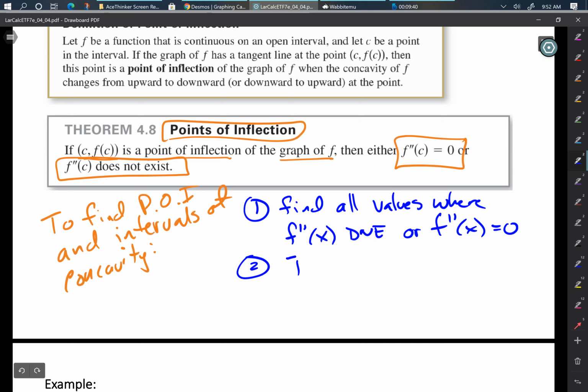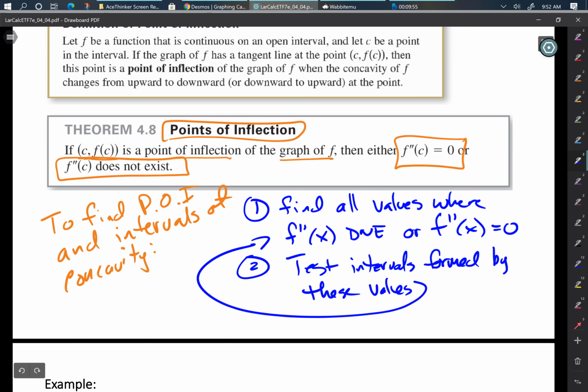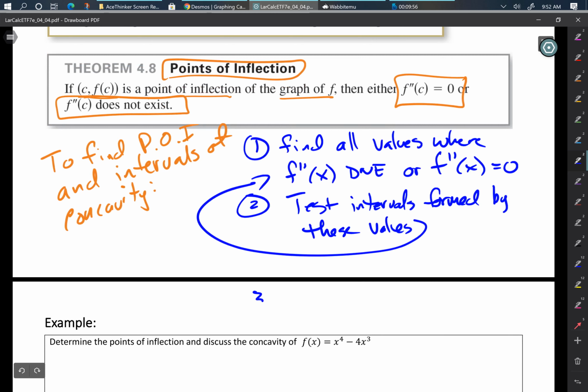Two, we are going to test the intervals formed by these values. And then three, we're going to divide it up. Okay? So it's concave upwards from here to here, concave downwards from here to here, and these are my points of inflection.